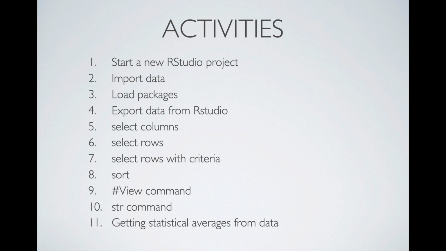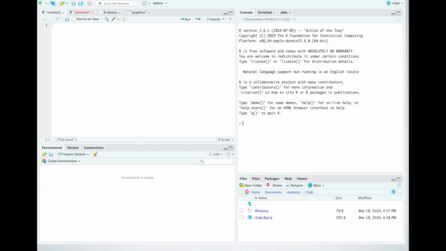Before we get into RStudio, let's look at the different screen components. There are 4 major panes within RStudio. Top left, you have the source code script editor. You can see it actually talks about source. This is where you can write scripts that can be reused.